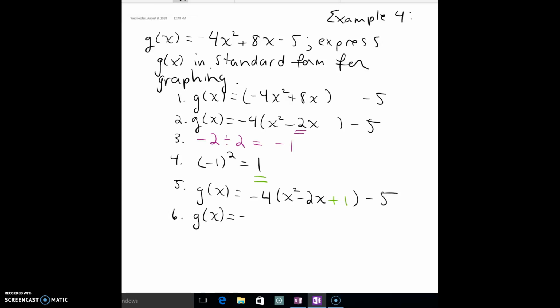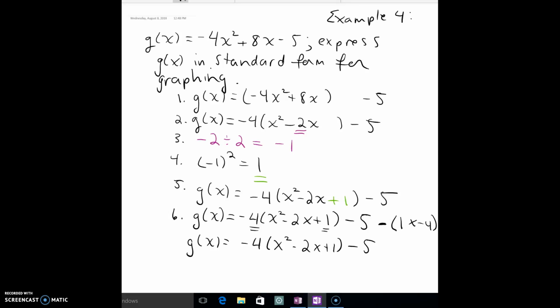We're going to rewrite it. We're going to subtract from that negative 5 the number that we just put on the inside of the parentheses, that plus 1, times the coefficient in front, which is that negative 4. So this is the same thing as saying g of x is equal to negative 4 times x squared minus 2x plus 1, minus 5.